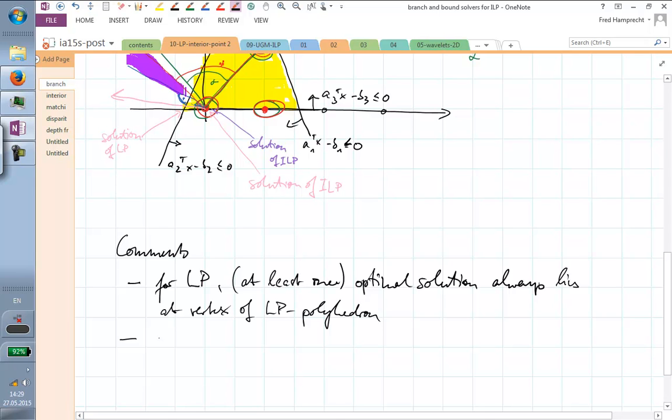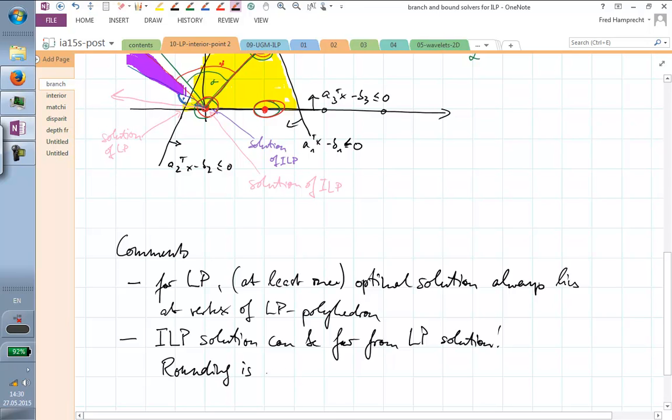Next, the ILP solution can be far from the LP solution. And normal rounding is often a poor heuristic.